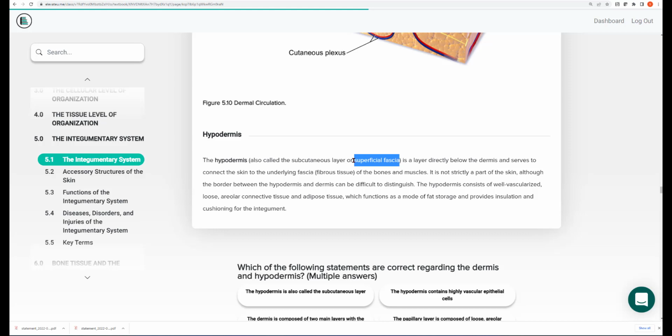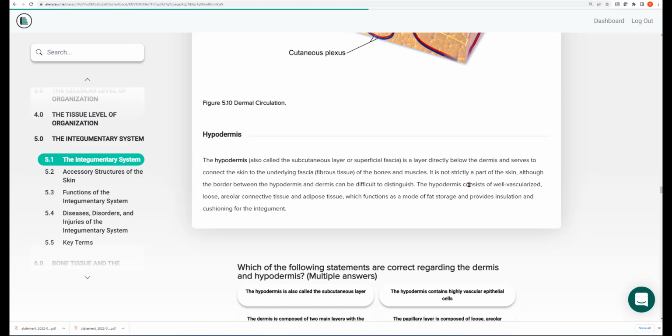But for now, we won't worry about that superficial fascia, but later on that will make more sense. Again, hypodermis, not a part of the skin, but is always shown and is certainly connected to the skin.